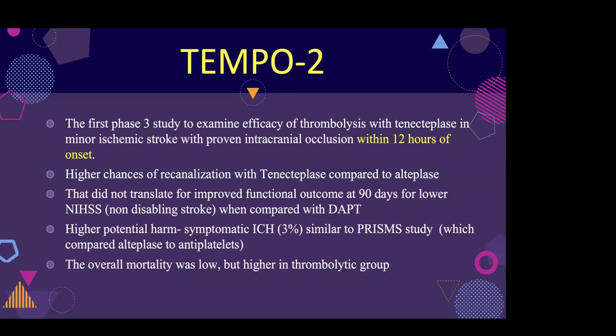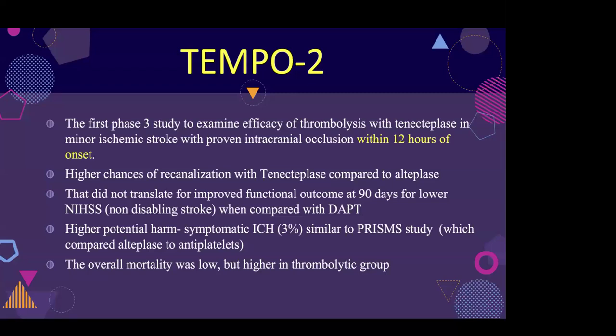However, if you think about tenecteplase and antiplatelets, the chances of recanalization would indeed be higher with tenecteplase. But when they translated this to see if there was any improved functional outcome at 90 days, they could not see any difference between DAPT and TNK.